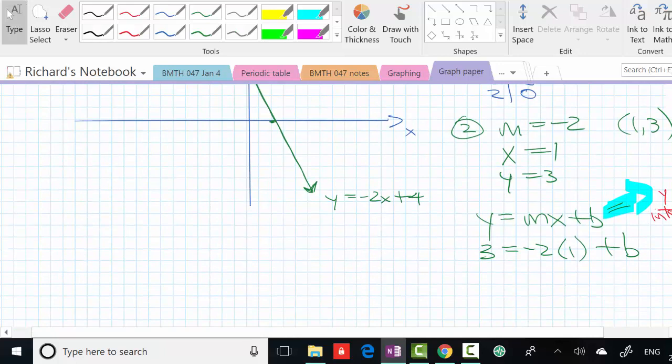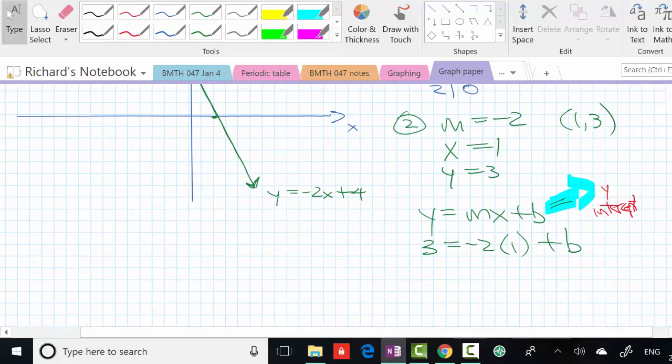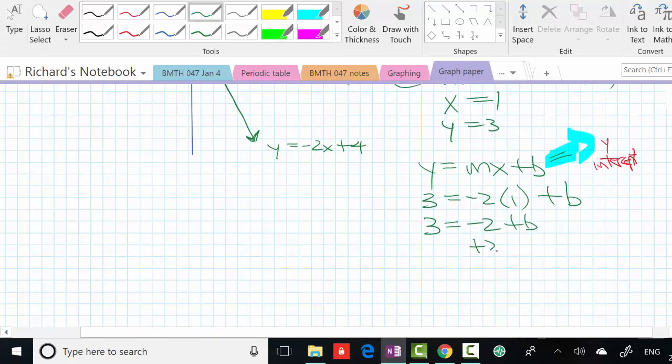I'm going to calculate that for equation 2 because I need that piece of information to complete the equation. 3 equals -2 plus b. I've solved for b, so I add 2 to both sides, and I end up with 5 equals b. That means equation number 2 is going to be written as y equals -2x plus 5. So that's equation number 2.